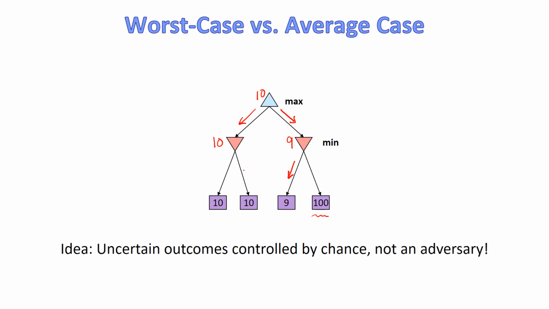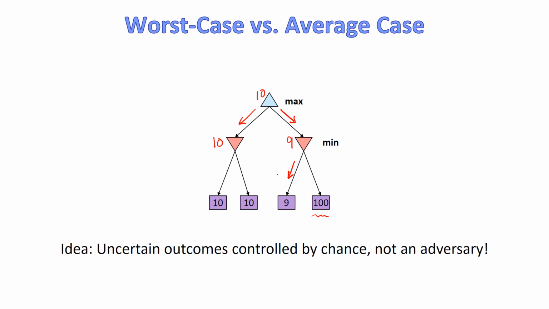So in Minimax search, we are always assuming the worst case. And of course, we should assume the worst case, because we are assuming that the opponent is optimal. That's the worst opponent we could play against, right? So that's called the worst case.